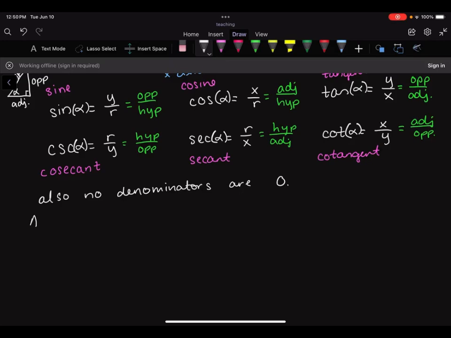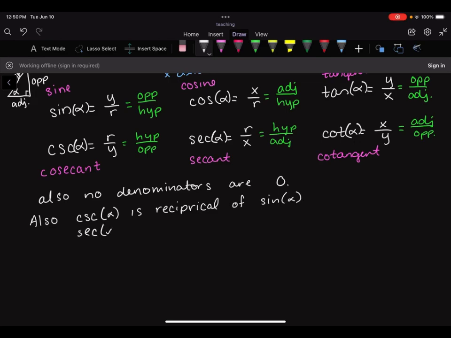Also, I want to mention here that if you notice how cosecant is the opposite of sine, secant is the opposite of cosine, meaning it's flipped, really what that is is the reciprocal. So cosecant alpha is the reciprocal of sine of alpha.